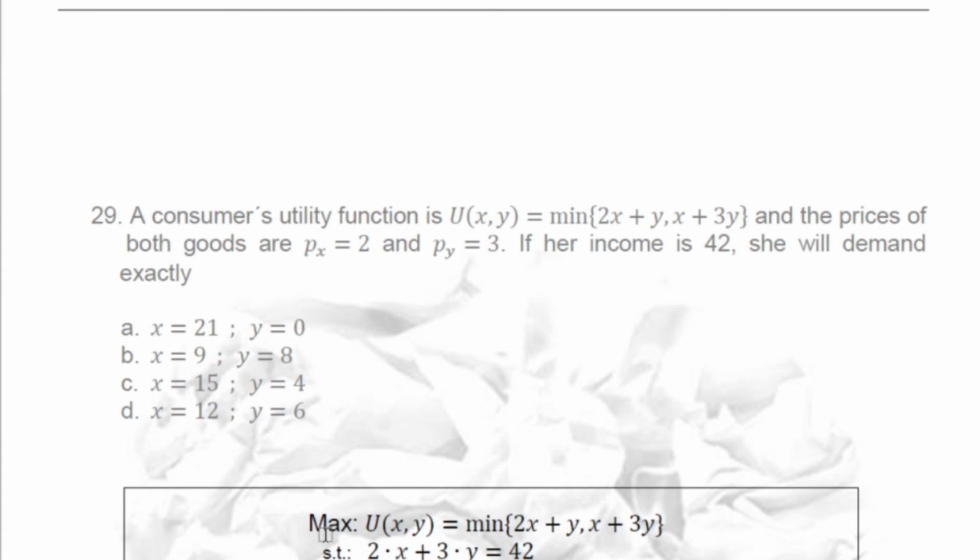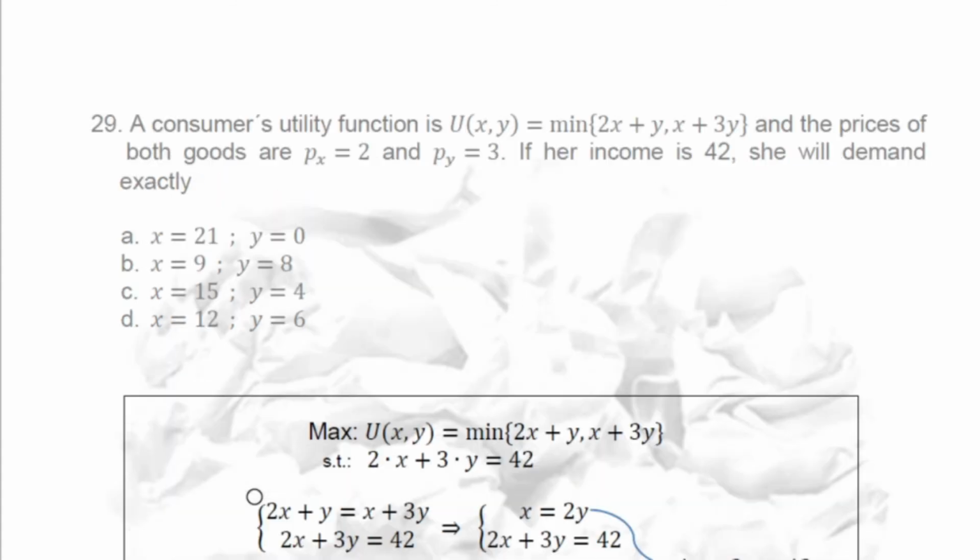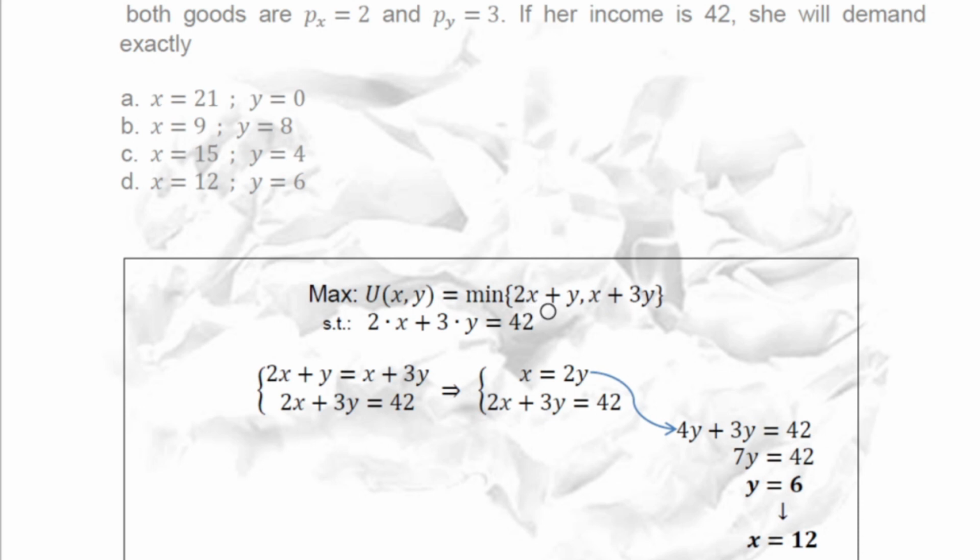This is the problem of the consumer. As I told you before, we equalize these two components, 2x plus y equal to x plus 3y, and the budget constraint must be satisfied.